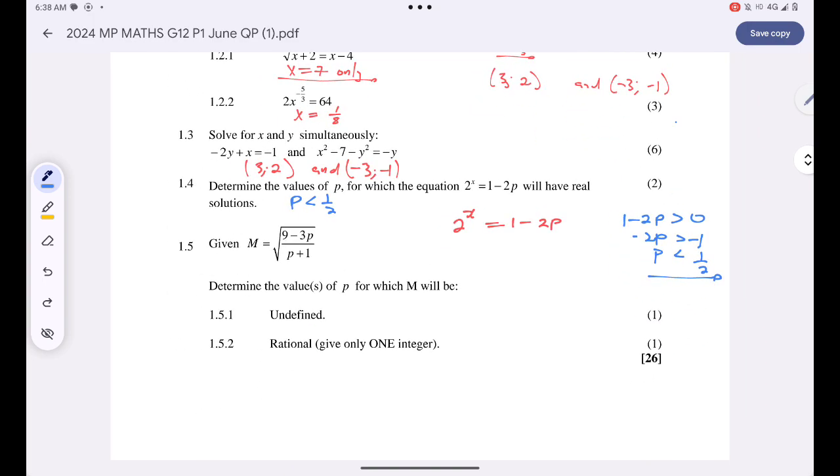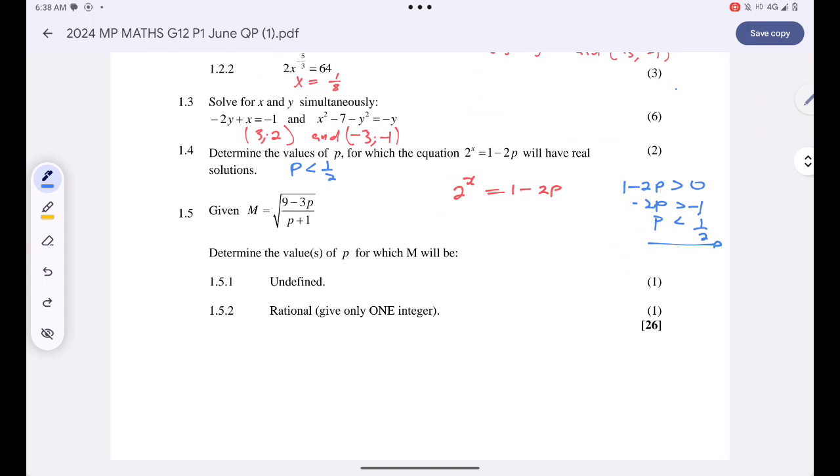Okay, and then now I'm given m. I'm supposed to determine the values of p for which m will be undefined. M will be undefined if my denominator is equal to 0. Are you together? If my denominator is equal to 0, that means p plus 1 should not be equal to 0.